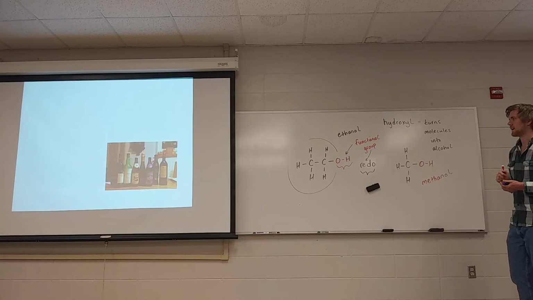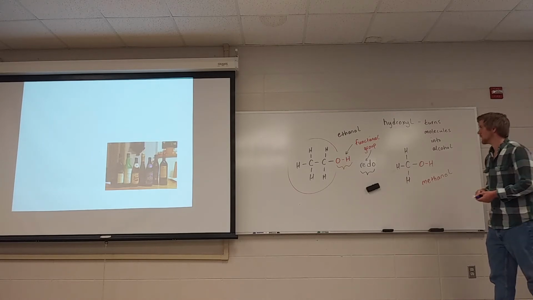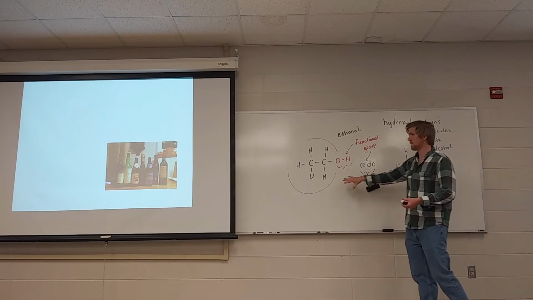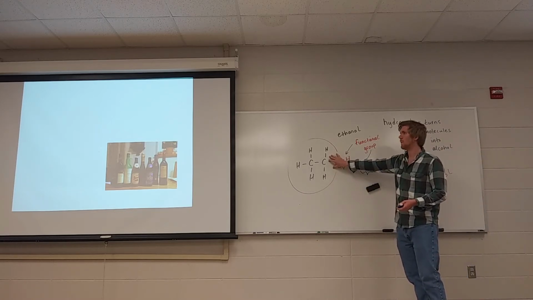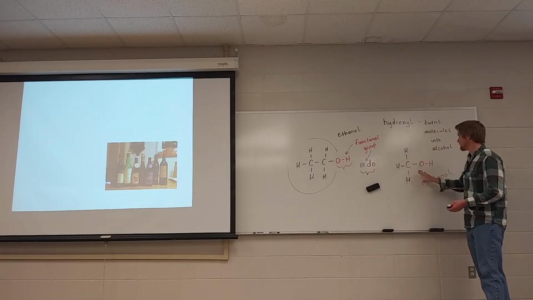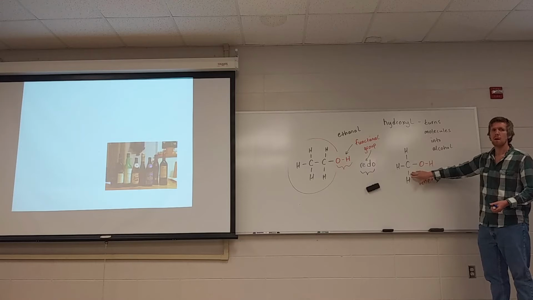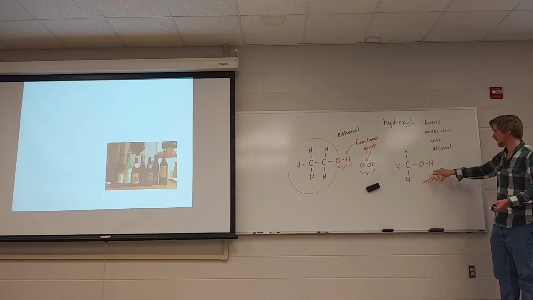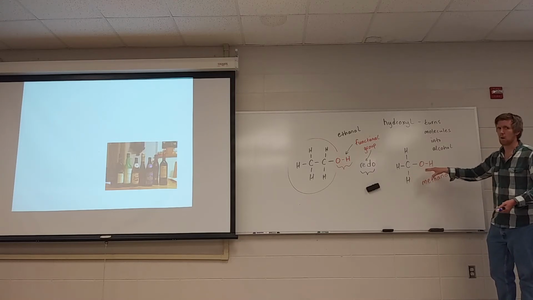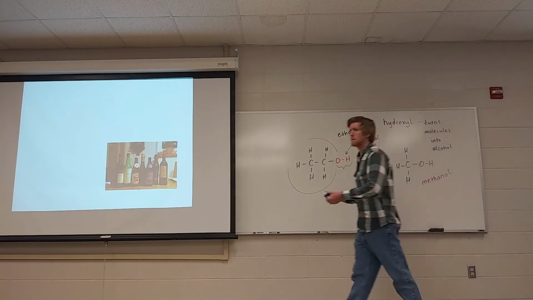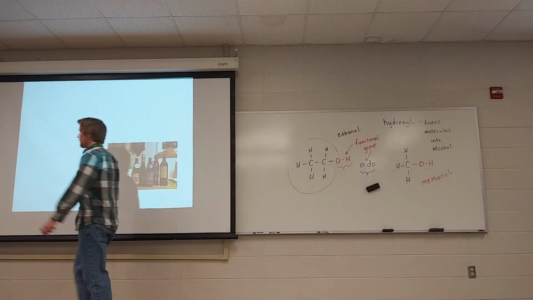I don't know the technicalities of how making moonshine works, but in the process of actually making the drinkable alcohol, some of this is made, and if the alcohol is made poorly, some of this remains. And if you consume too much of this, it eats away at your optic nerve and it causes blindness. So if you're going to make moonshine, do it right.